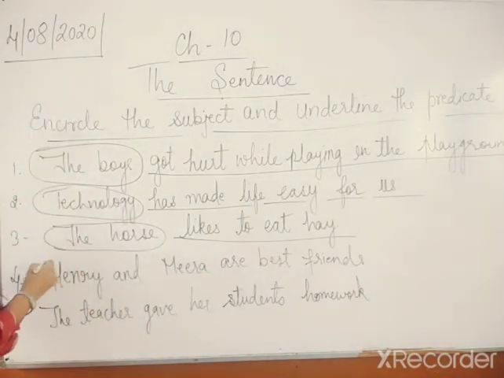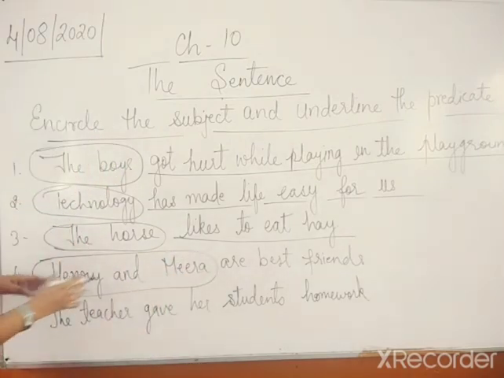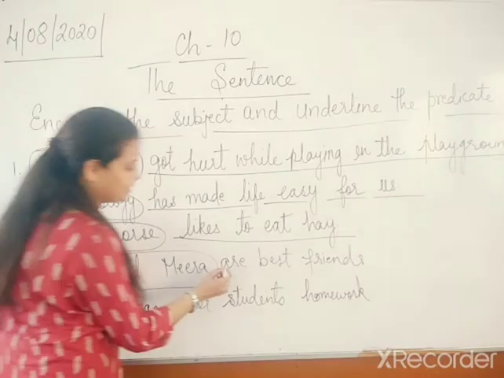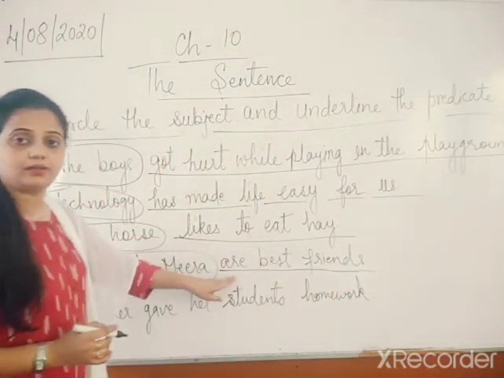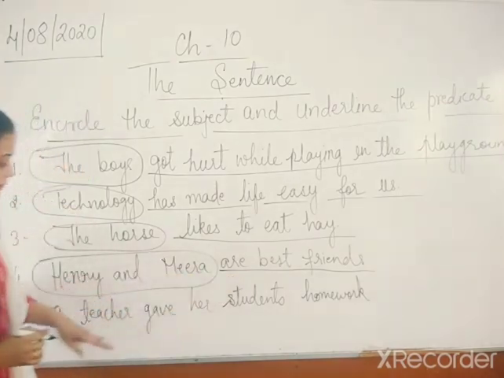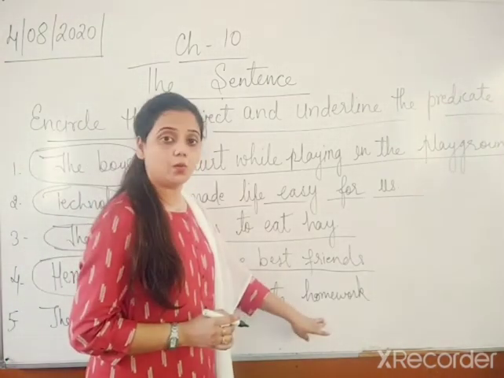Then, Henry and Mira are best friends. So over here we are talking about Henry and Mira. They are your subject. And what is said about Henry and Mira? That they are best friends. Are best friends will be your predicate. Then, the teacher gave her students homework.